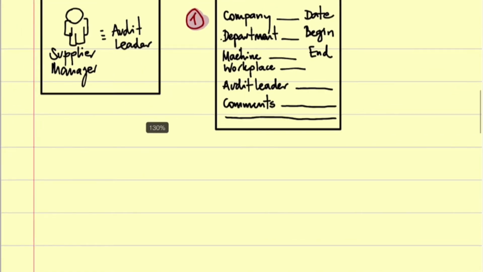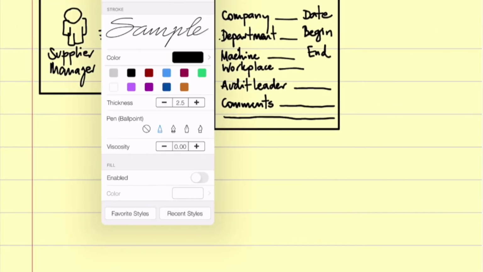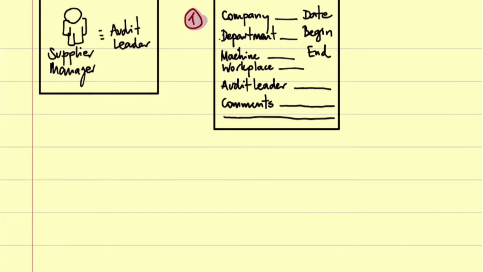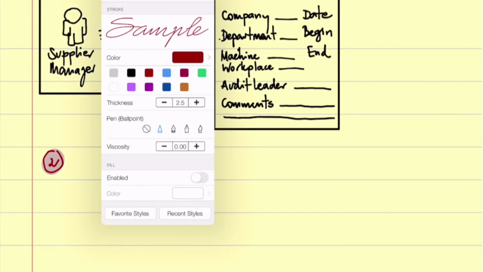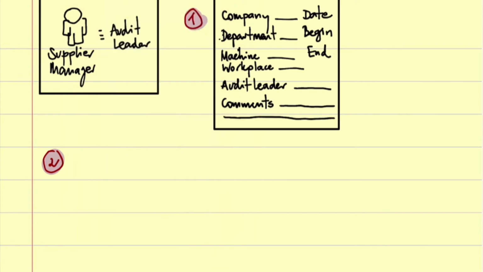So the second thing you look at are the hints. Okay, this is a certain set of instructions that you give to the people taking part in the audit. So hints or instructions.